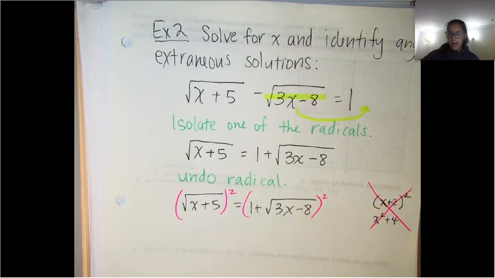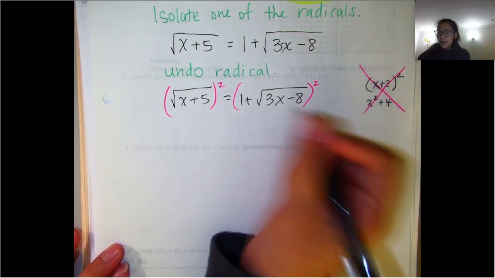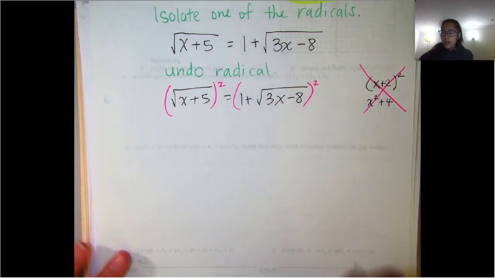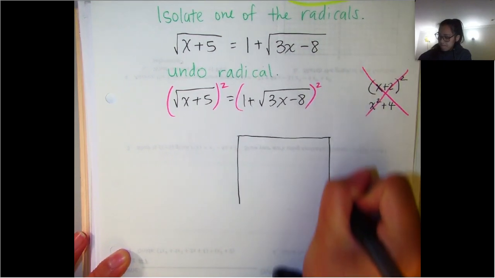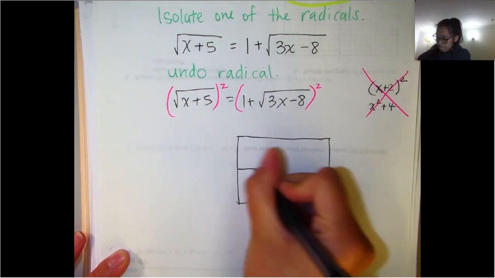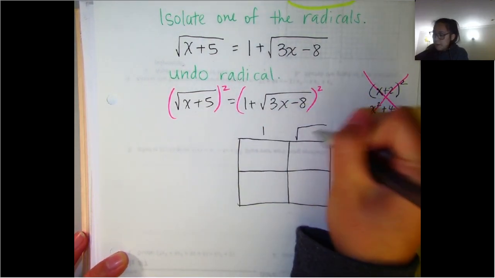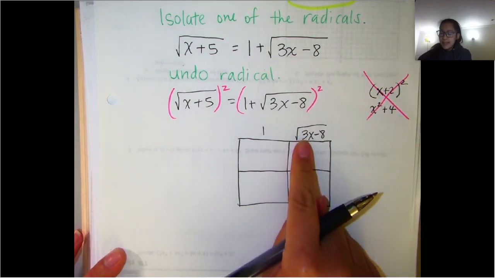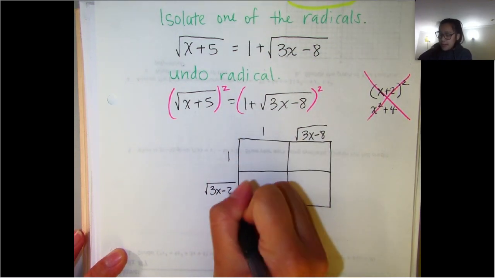Okay, so then we'll simplify with a box. On the left side, we're going to end up with x plus 5. That's fine. On the right side, however, since this is something plus another something and then squared, you're going to have to use your box. So we'll make a little box. We have 1 plus square root of 3x minus 8, and then times 1 plus square root of 3x minus 8.